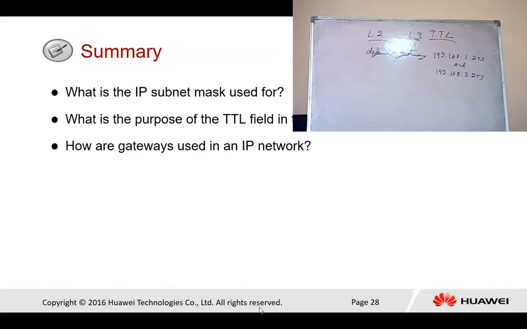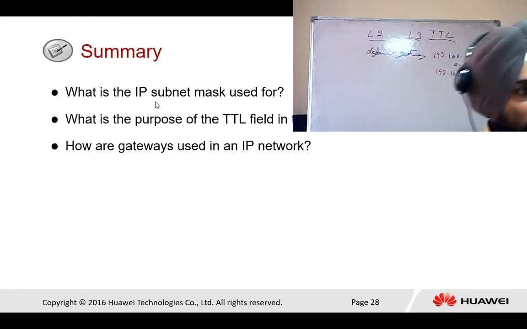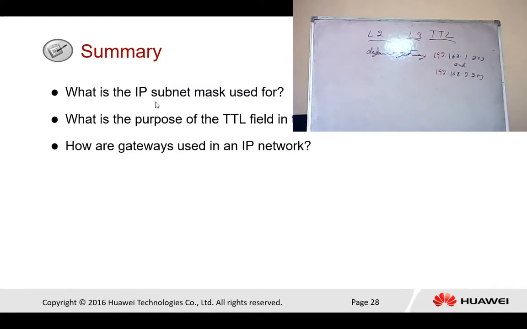So we have the first question: two end stations in a point-to-point network perform address resolution, that means ARP. Which of the following statements is correct? First, the destination address of an ARP request from each station will be a unicast MAC address. This is a wrong answer.